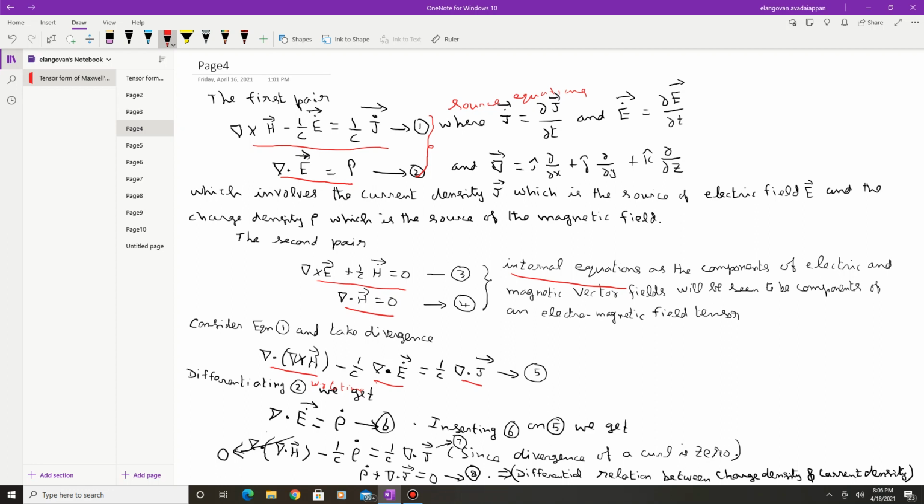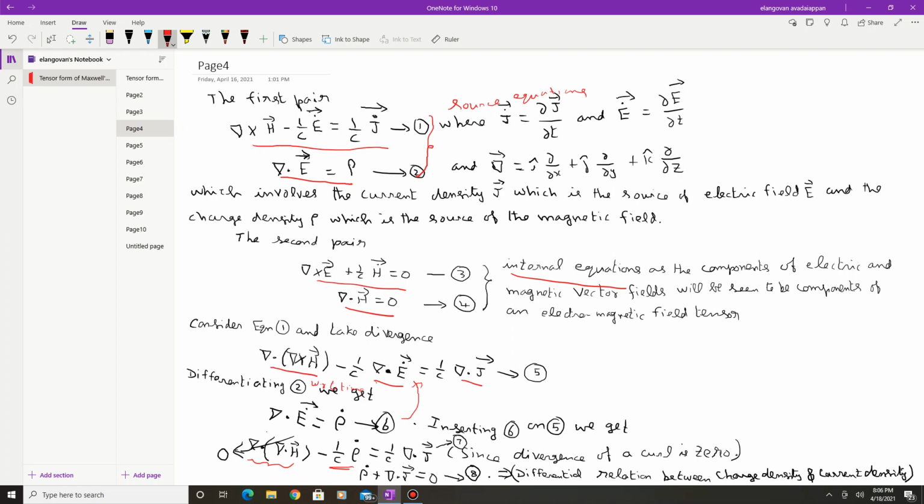In equation 5, the first term is a divergence of curl. Div curl is 0, so the first term is 0. The second term is the divergence of E dot, so from 6 you can substitute. This becomes 1 by C rho dot, which is the term on the right hand side.